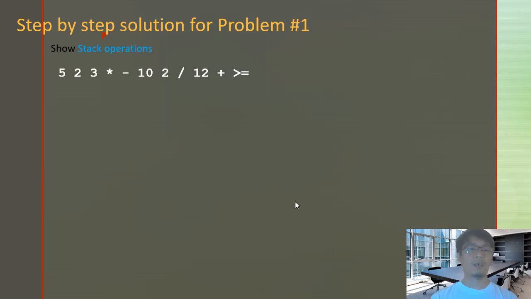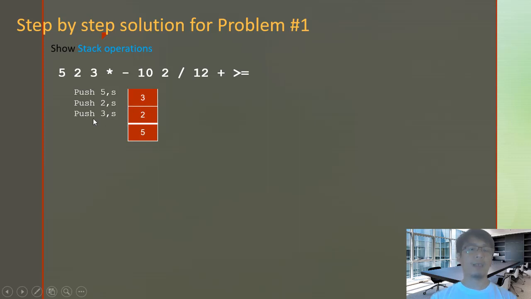If we have operands, we push them to the stack, so the operation is push. Push 5, push 2, push 3 into the stack. So our stack now would be 5, 2, and 3.